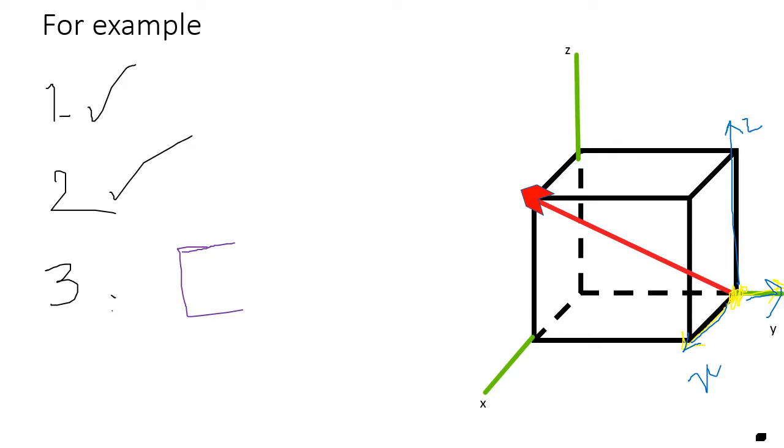So it's going to be like this: 1x, 1 bar y, and 1z. This was x, y, and z. So we did it. It's very easy, it's very simple. You should just practice it, and you will see that it's very easy to solve these questions.